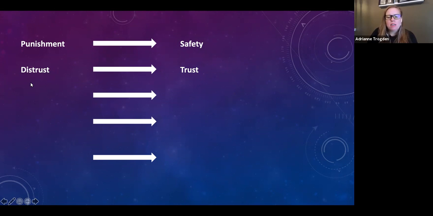So clients that come in with trauma and addiction tend to be distrustful because they've had lots of experiences where people have abused them or treated them poorly. And so how do we create trust? Again, that's going to look very different depending on the environment you work in, but that's something to consider.